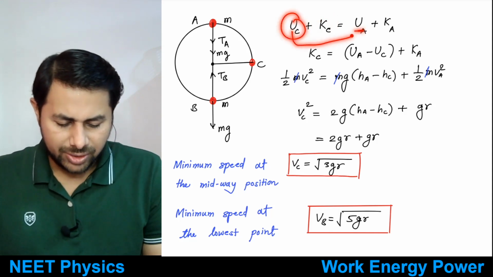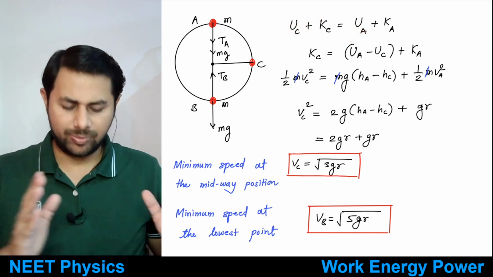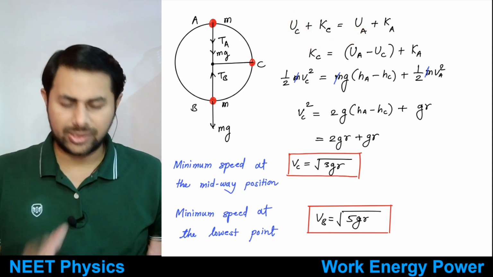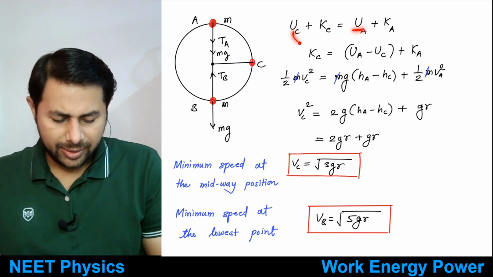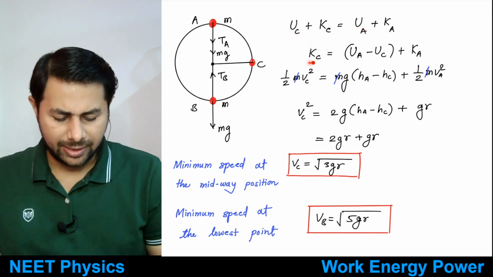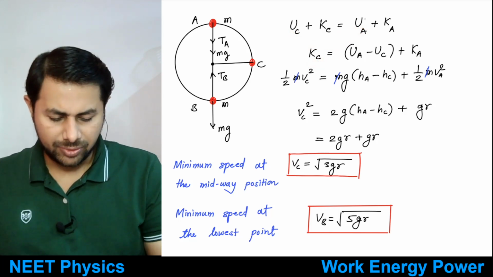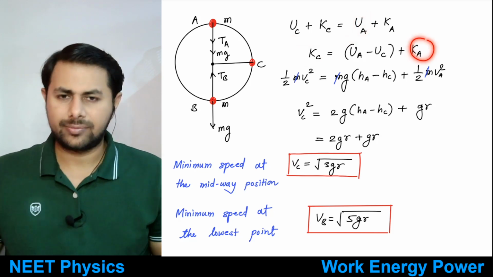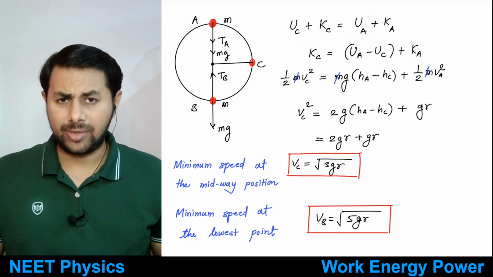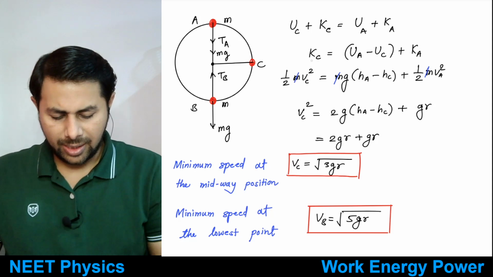Then I will move U_C, the potential energy at C, to the other side. That will become negative. So kinetic energy at C is equal to U_A minus U_C plus K_A, right? Then I put in the values.